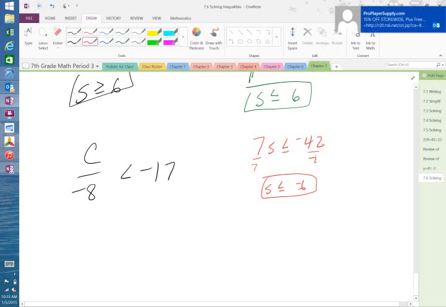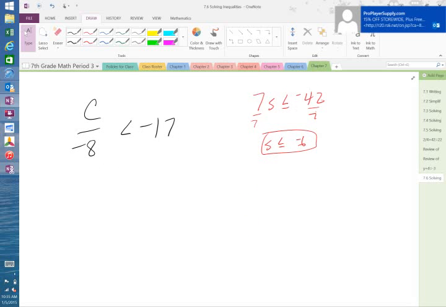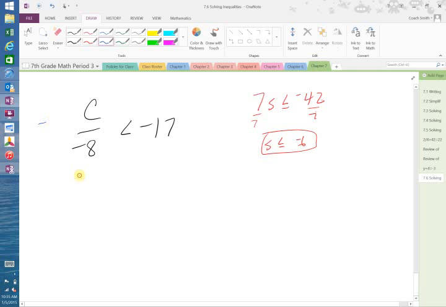Okay, now, so this one here, c over negative 8 is less than negative 17. Okay, well, we're dividing by negative 8, so the inverse of that would be to multiply by negative 8 to both sides.